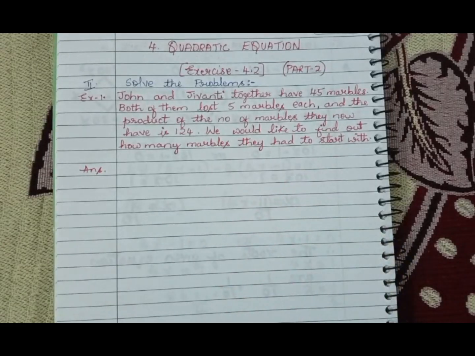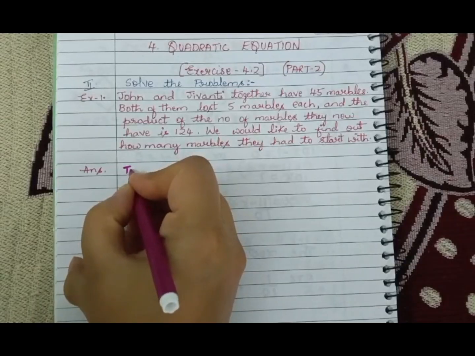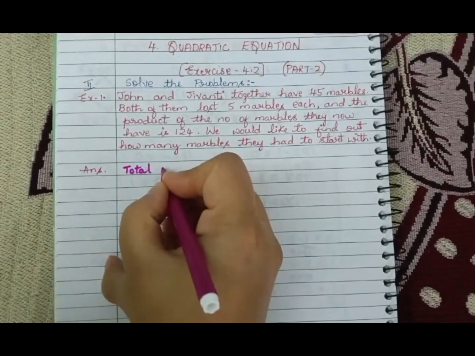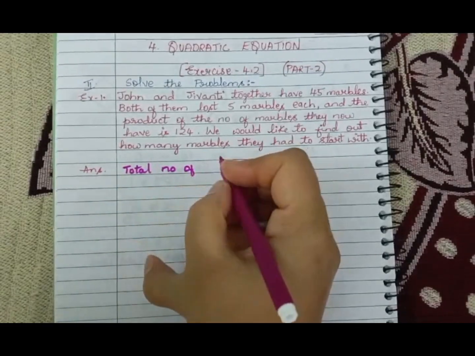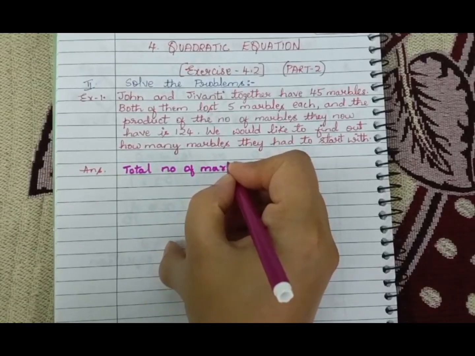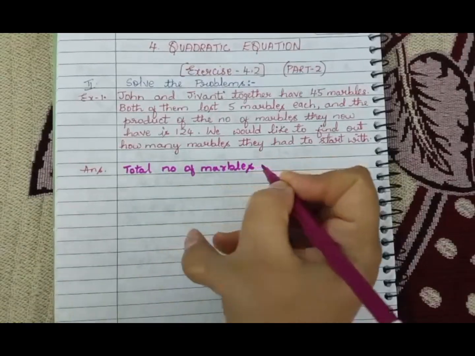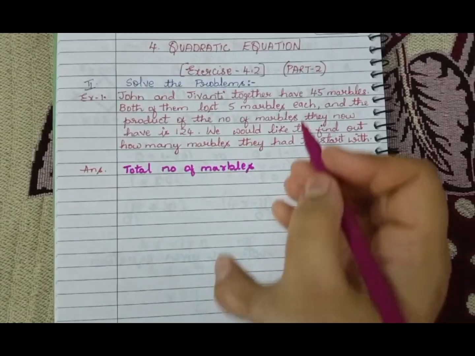So how we are going to solve this problem is, now we have to write that total number of marbles. Total number of marbles we have 45.